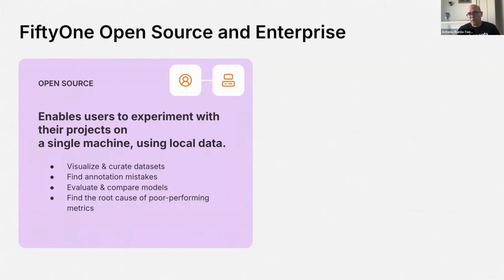Something that might be surprising for many people is that often things that we consider canonical in the machine learning community, like the COCO dataset, might have very surprising metrics when we evaluate them. When we evaluate a pre-trained model on their validation set, or when we want to deploy a model for which we know the mean average precision because it's what the people who wrote the model paper reported, and then we realize that the model is actually not as good as we expected.